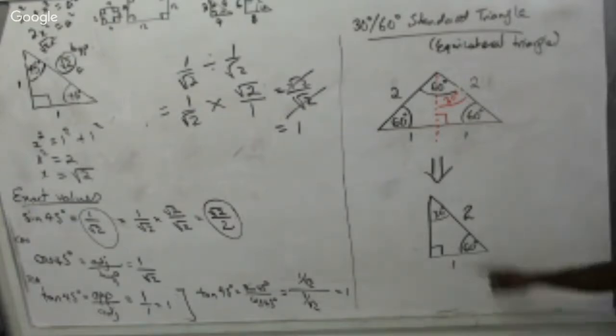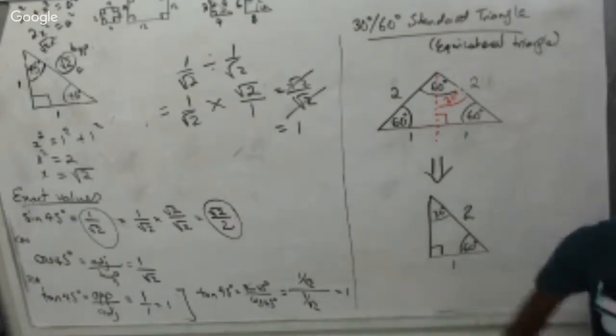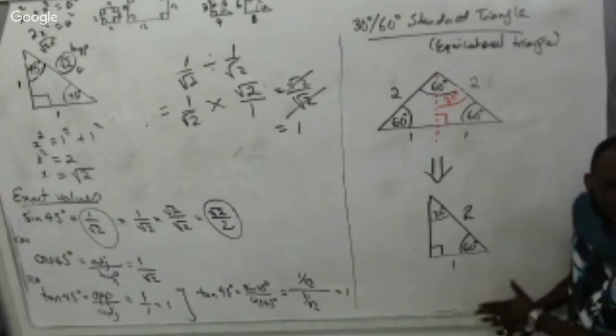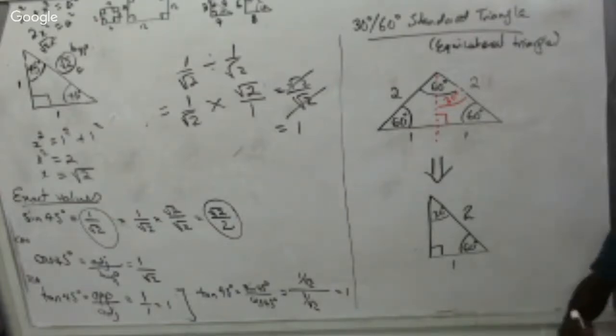What do I use to solve for the unknown side of a right triangle? You can use sine, cosine, and tangent, but I don't want that. I want Pythagoras' theorem.